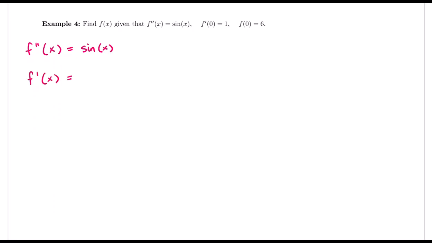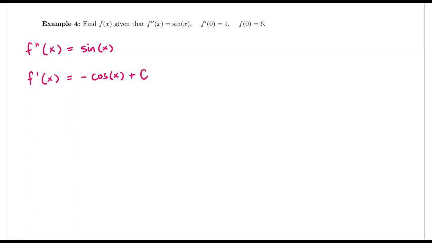So we must think about what function gives us a derivative of sine of x. And that function would be negative cosine, because if we took the derivative of that, we'd get back positive sine, and then I need to include my constant of integration.